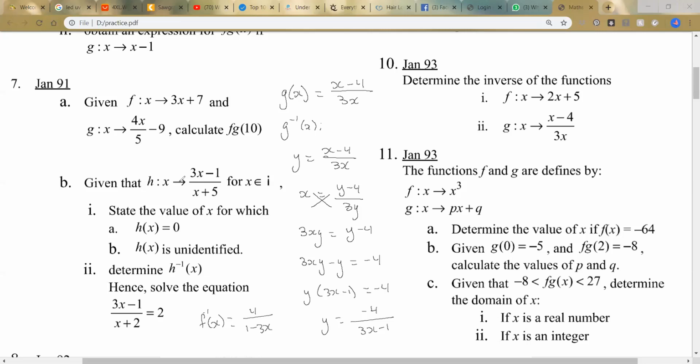I'm hungry. Are we doing the next one? Number 11 right there, I think it is. Okay. Our next class is Monday.